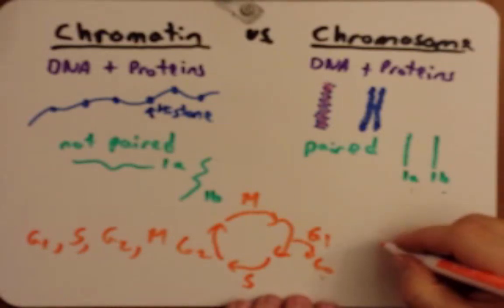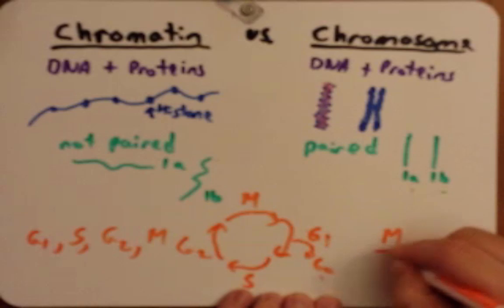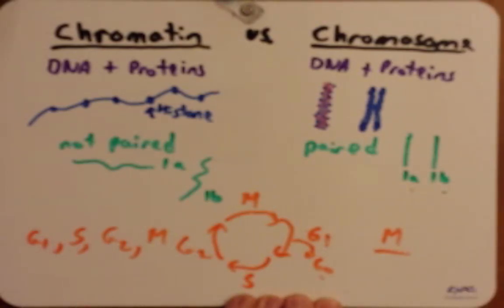Chromosomes, however, are only found in the M phase, during mitosis or meiosis, when those chromosomes are pairing up with each other, as I show you here, so that they can be segregated into new daughter cells.